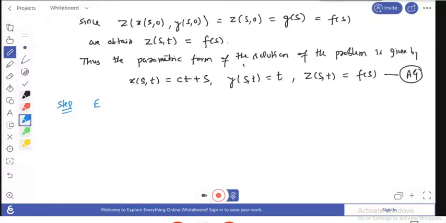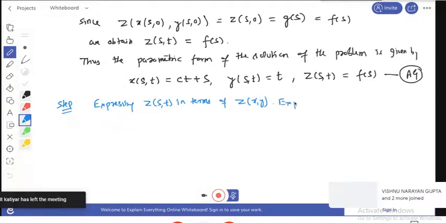This is your parametric solution. And if we have to find the general solution in terms of x and y, we have to express our solution z of st in terms of z of xy.